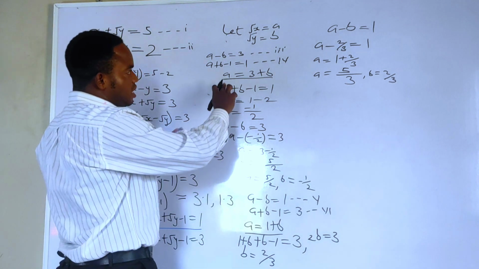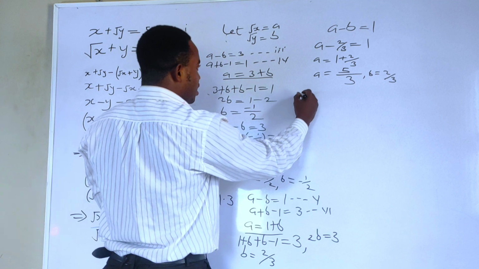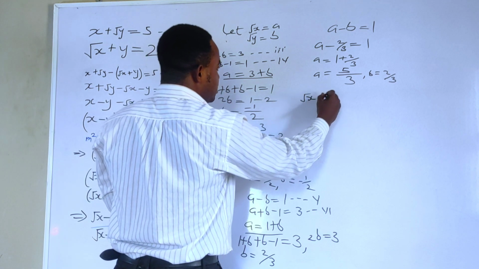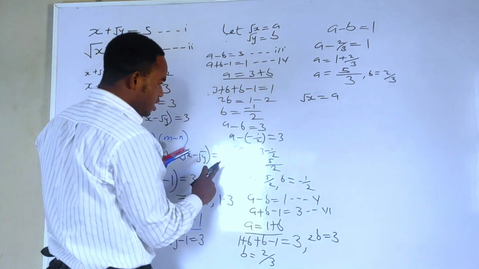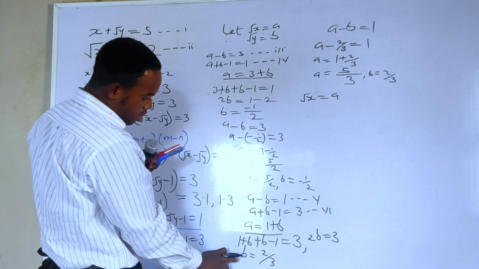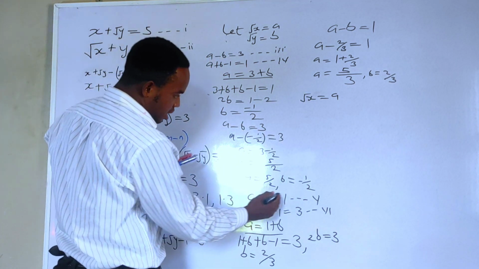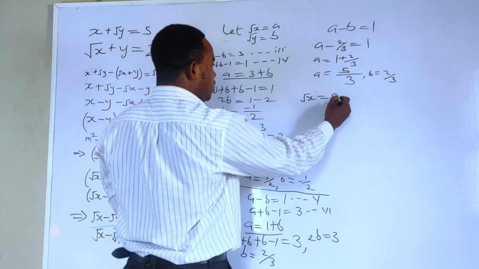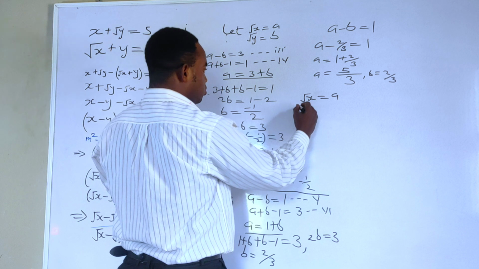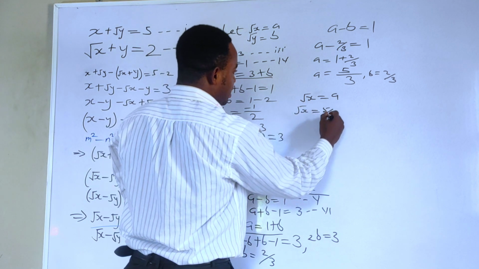Now, how do we obtain x and y? Remember, we set our square root of x is equal to a, such that the solution for a is going to be, in the first case, a is equal to 5 divided by 2. So if a is equal to 5 divided by 2, square root of x will be equal to 5 divided by 2.